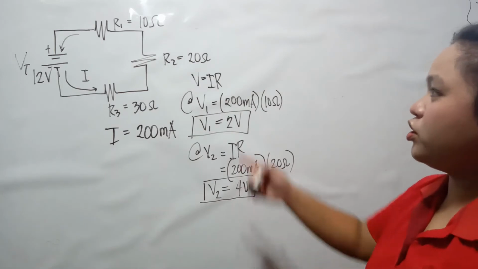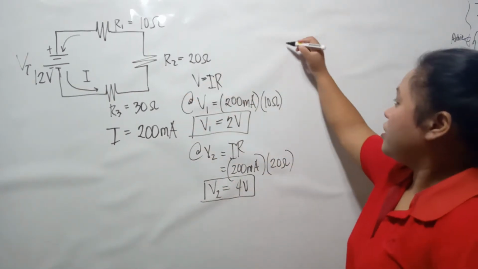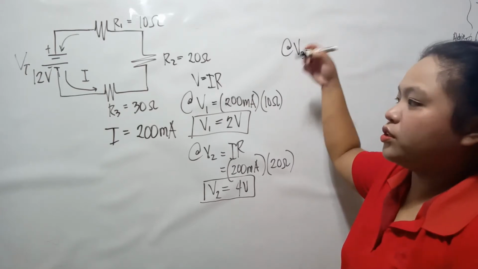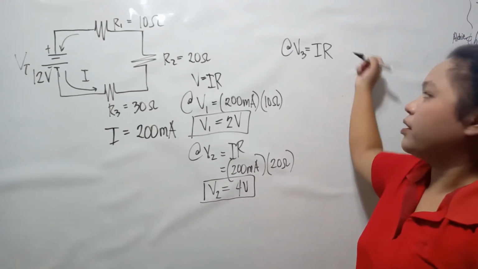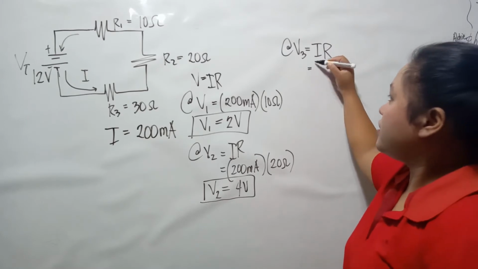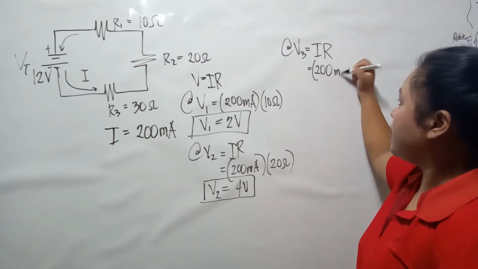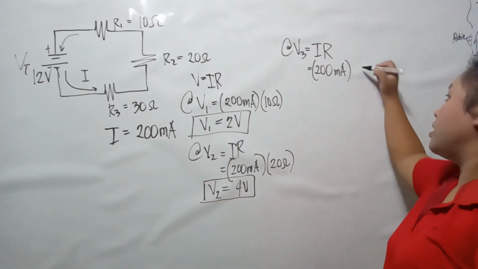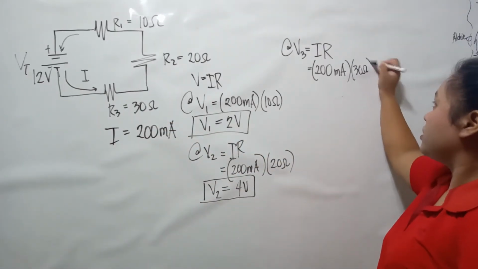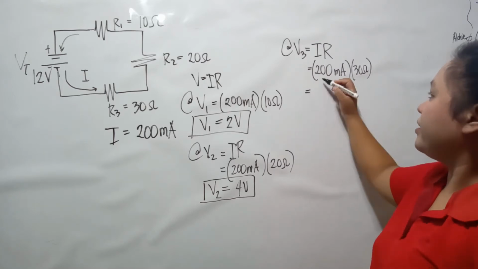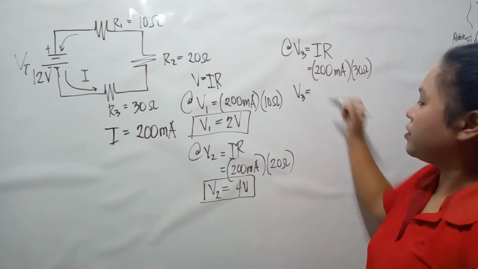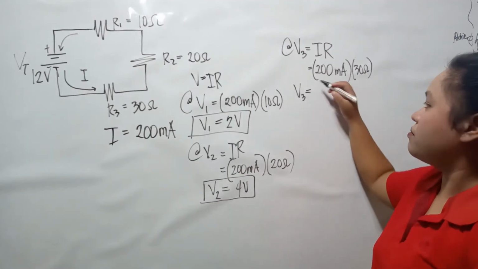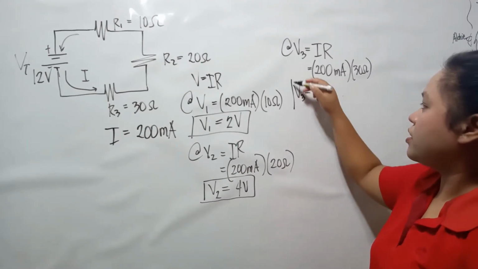Next is the voltage drop at resistor 3, which is equal to current multiplied by resistance. Current is 200 milliampere and its resistance is 30 ohms. So the voltage drop in resistor 3 is equal to 200 milliampere multiplied by 30 ohms, which is 6 volts.